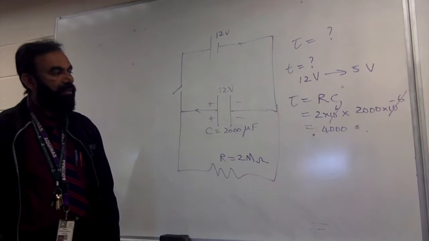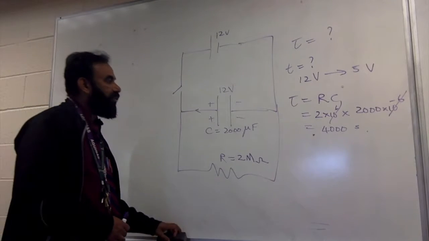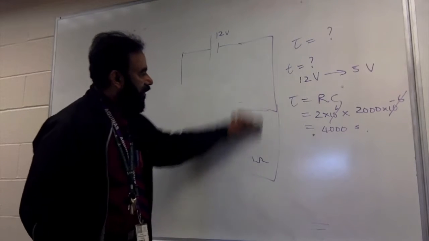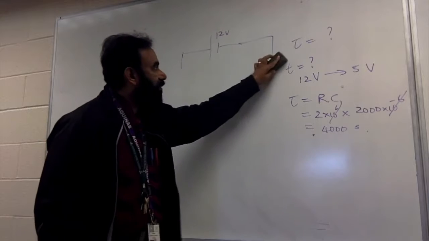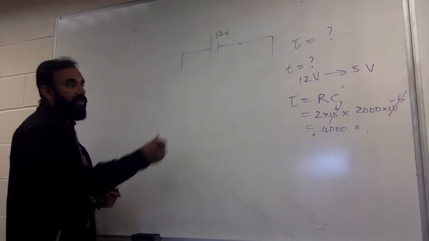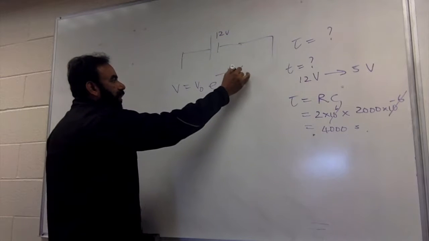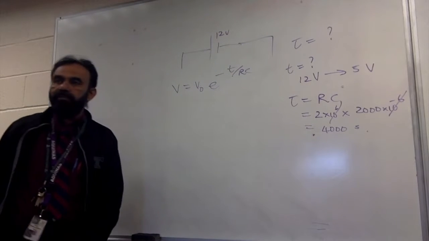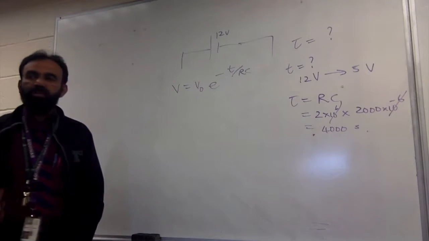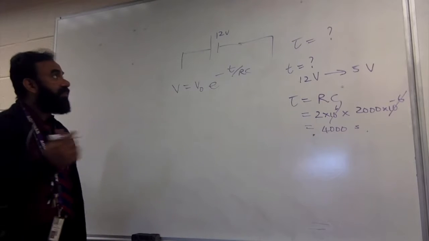So that is the time constant. So what are you going to do now? I'm taking this off for space. What you're going to do now is use V equals V naught e to the power of minus t over RC. The charge and the voltage go along with each other.